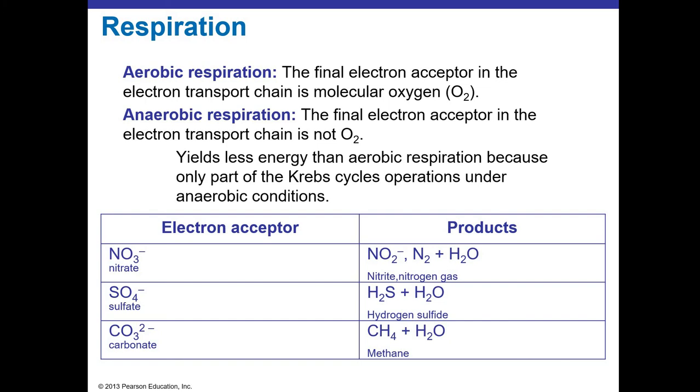Suffice it to say, because we're not going to have enough time to really talk about all the intricate detail of anaerobic respiration, but anaerobic respiration yields less energy than aerobic respiration because only part of the Krebs cycle can be utilized. The electron acceptors in anaerobic respiration are things like nitrates and sulfates and carbonates. So one of the products is hydrogen sulfide for some organisms, which literally smells like rotten eggs. And so we often associate these anaerobic organisms, such as Clostridium, with some of these very interesting end products.